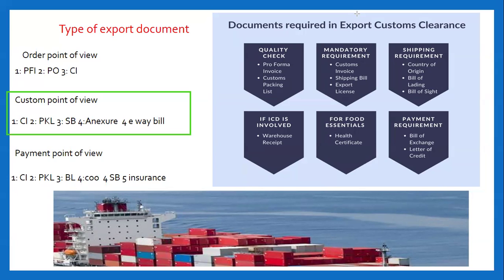There is no difference between the commercial invoice and the customs commercial invoice, except that some additional information needs to be added as required by customs. Then the packing list, which you need to prepare for your cargo. Just like you have prepared the 10 containers for Mexico.